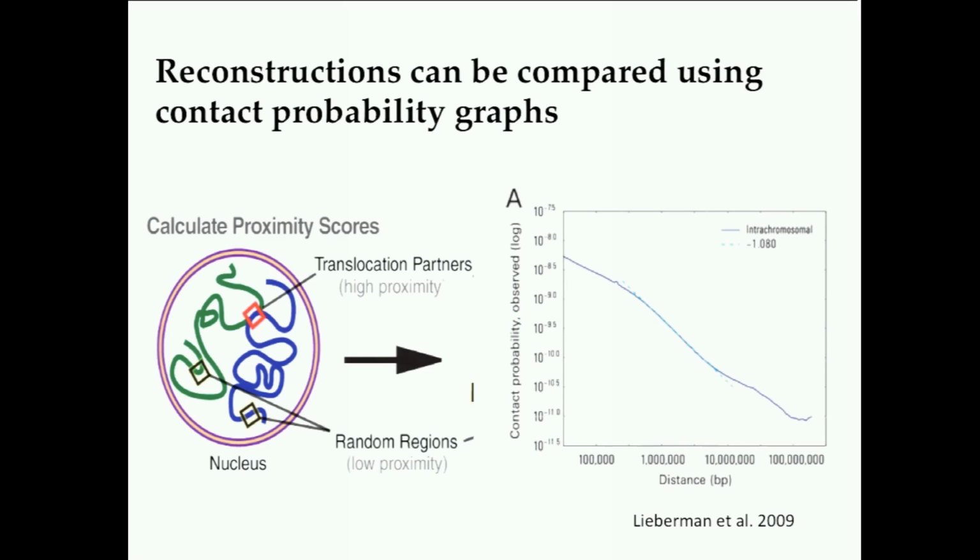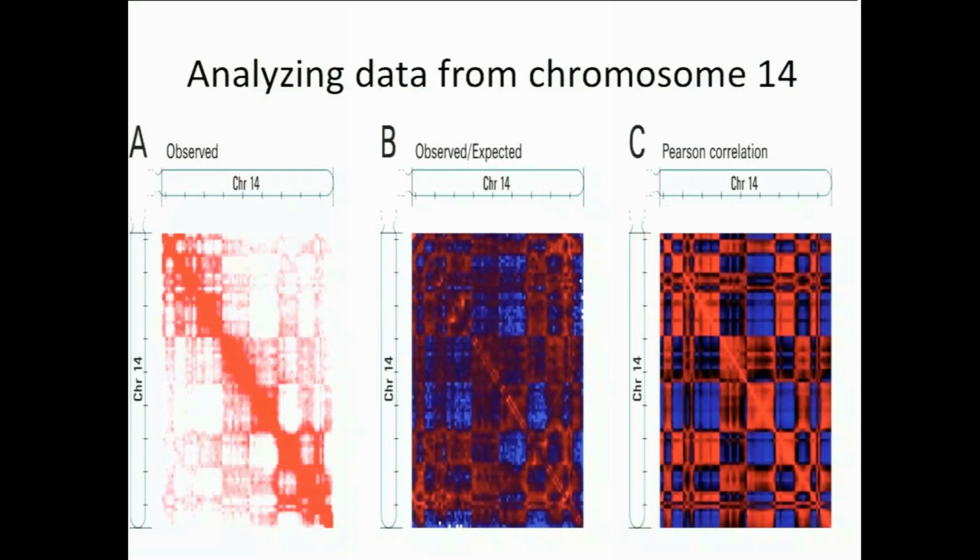So here in the x-axis, you can put the distance. Let's say if you are along the same chromosome, you can put the distance in base pairs. Here you can put how often they interact using this measure. And you can come up with a fit and a specific line here. We're going to get back to this. This is one piece of information. The other information is this one.